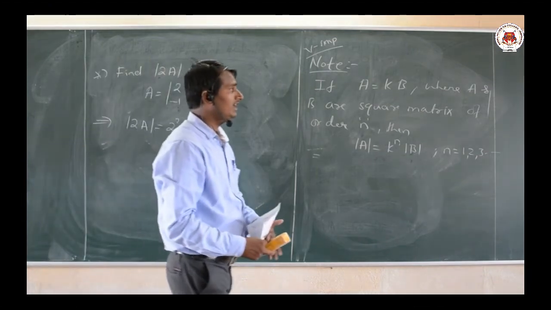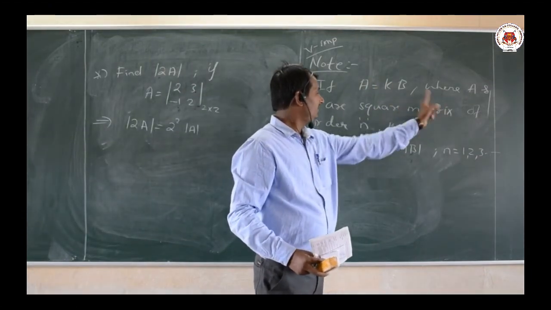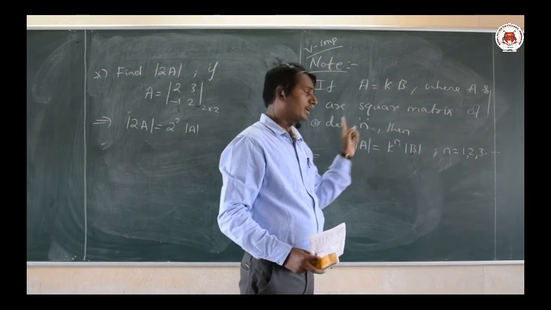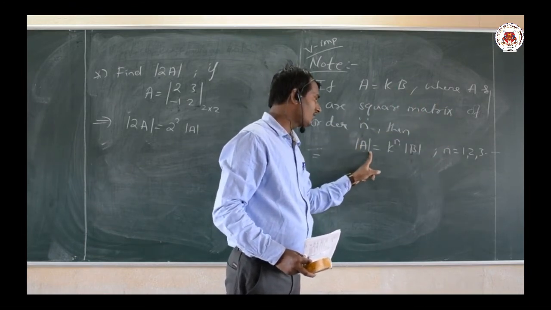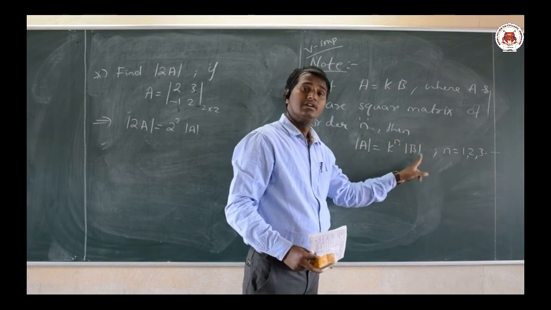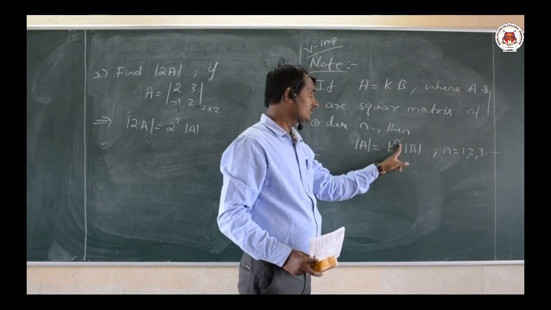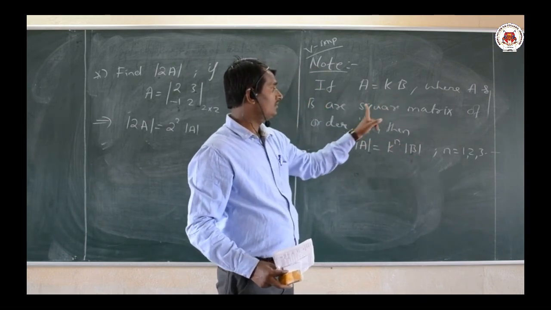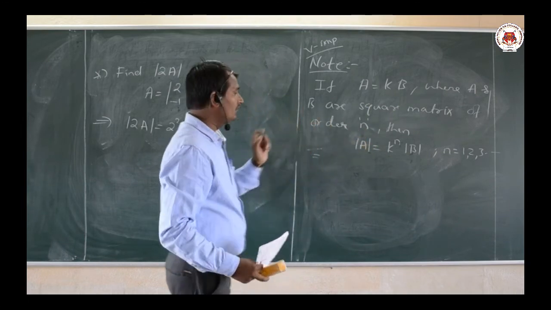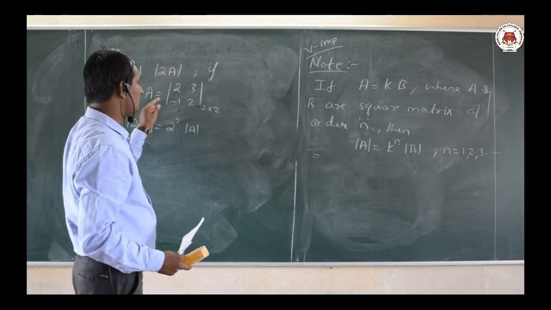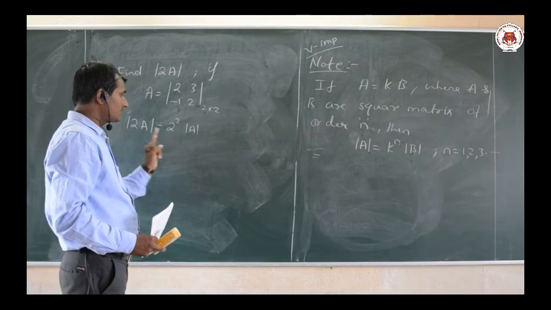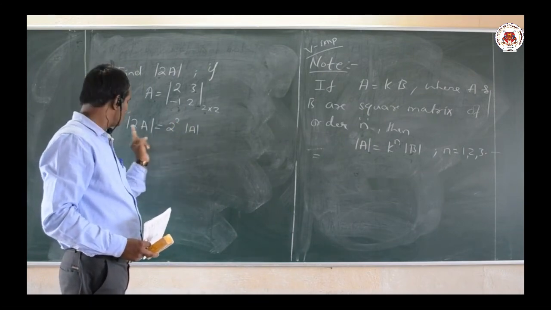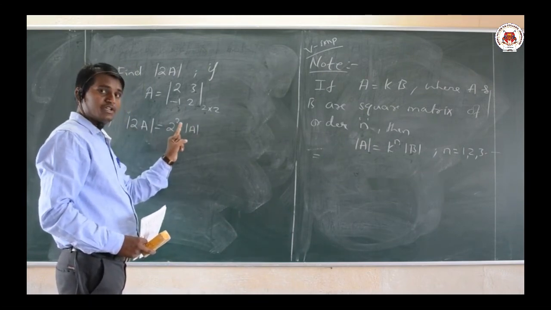If A equal to kB, where A and B are square matrices of order n, then determinant of A equal to k raised to n into determinant of B. Here this matrix is of order 2. Hence we can write 2 raised to 2 into the determinant of A.